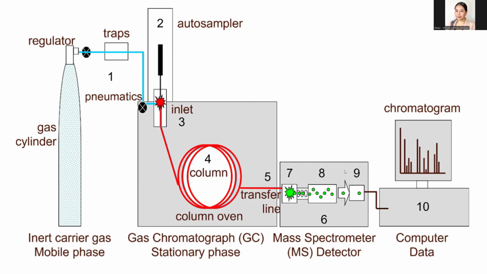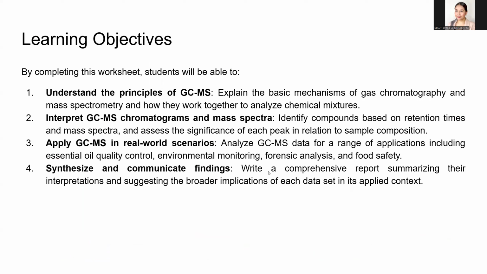So for our exercise, these are our learning objectives. We need you to be able to understand the principles of GCMS so that you're at least familiar with how it works and how it's able to analyze chemical mixtures. We need you to be able to interpret GCMS chromatograms and mass spectra.